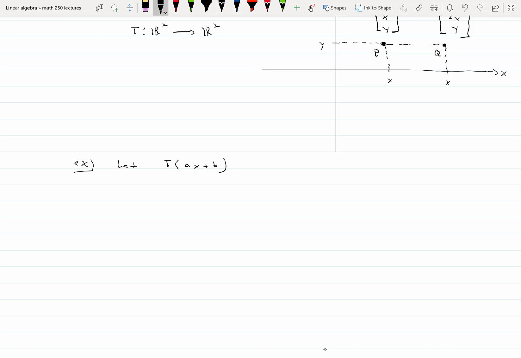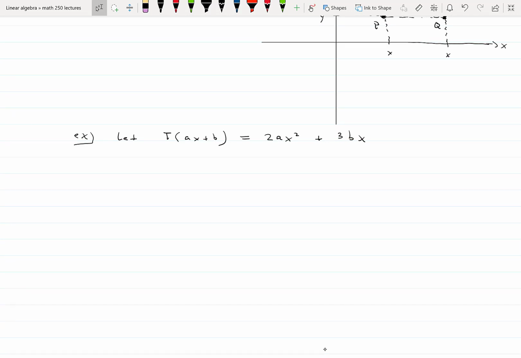It's P1, the set of all polynomials of degree 1 or less. How could it be less? Well, if a is 0, it's a constant polynomial, degree 0. So let's let T of ax plus b equal 2ax squared plus 3bx.